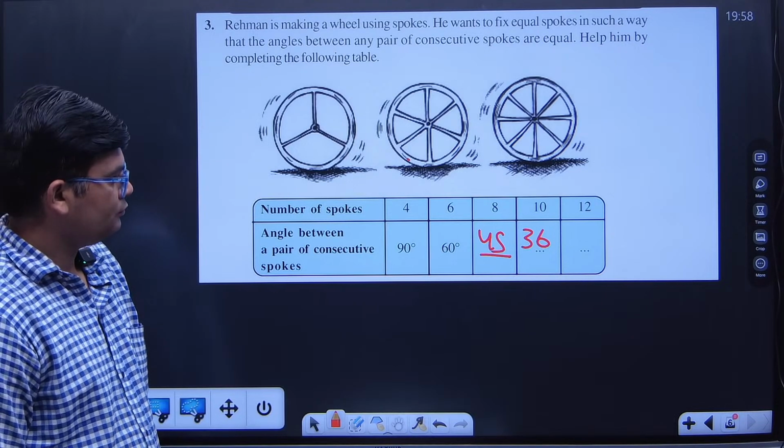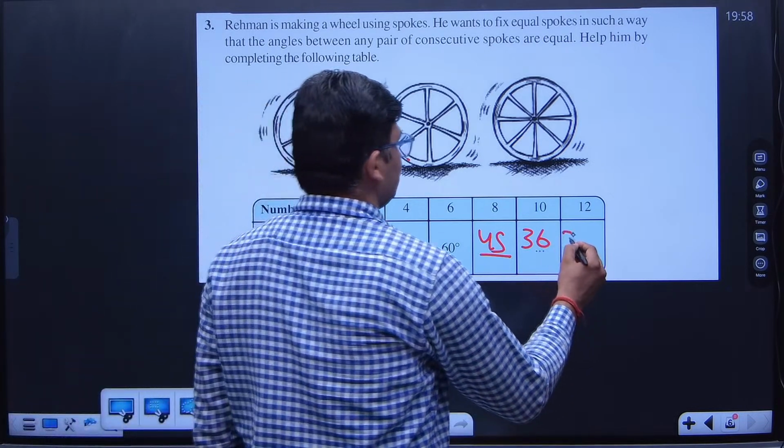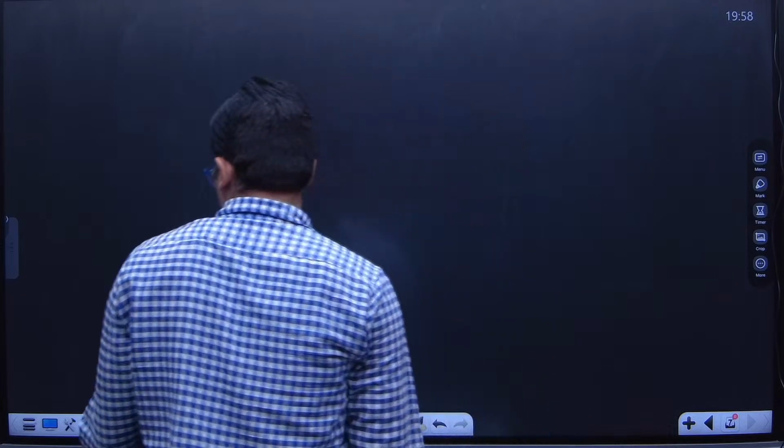And then the last one is 30 degrees, sir. Wonderful. So this is going to be 30 degrees.